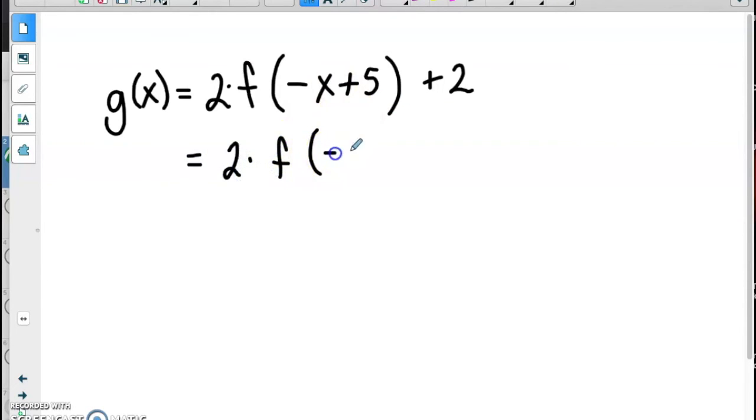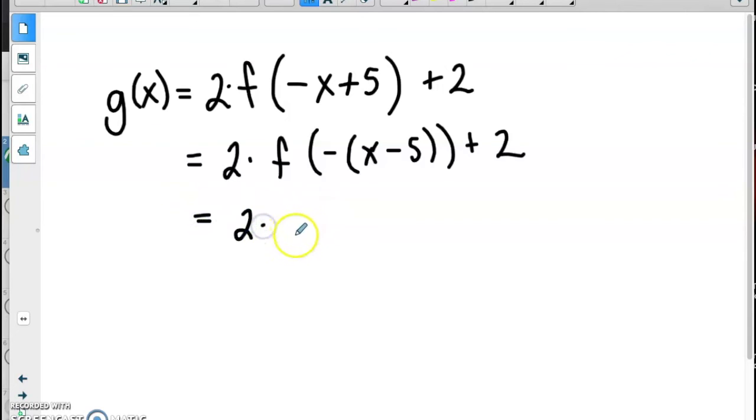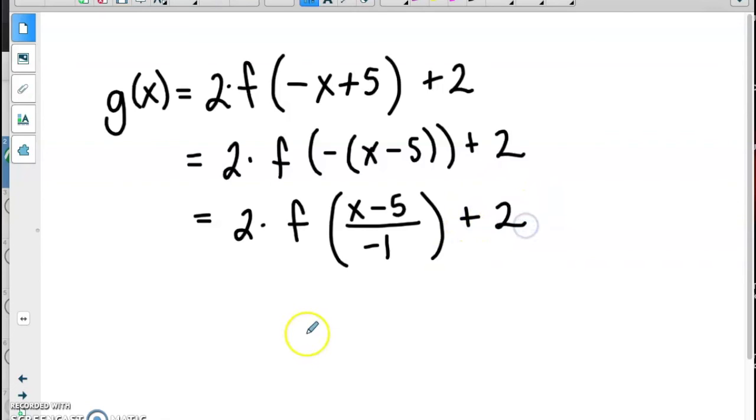I'm going to do that by factoring out a negative value here. I'm going to just place a negative in front. And even if I wanted it to look exactly the same as the Desmos file, I could write this as the following, divided by -1, to make it very clear what each parameter is.